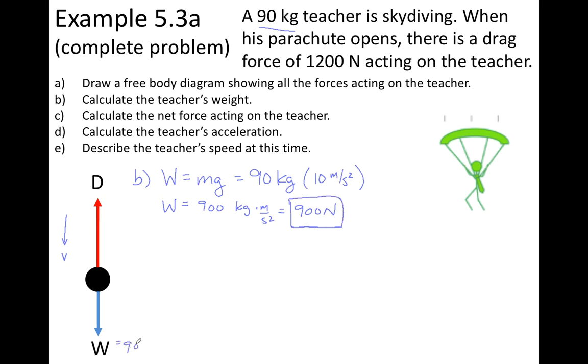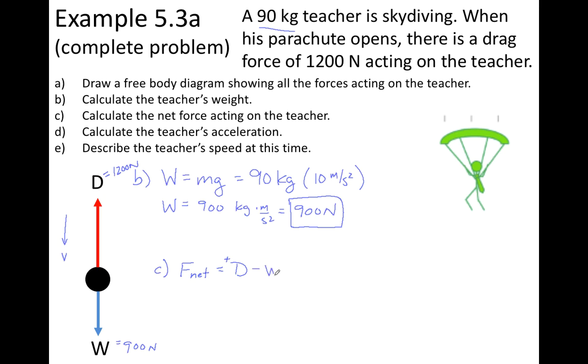And we can now label that in our free body diagram and recall that the drag force is given as 1200 newtons. Part C wants us to calculate the net force acting on the teacher. So the net force can be found by adding up all the forces. Well, I have the drag force acting upwards, so I'll give that a positive sign.